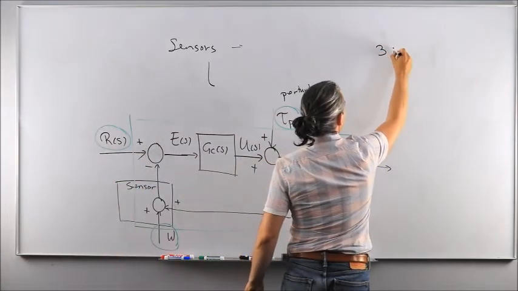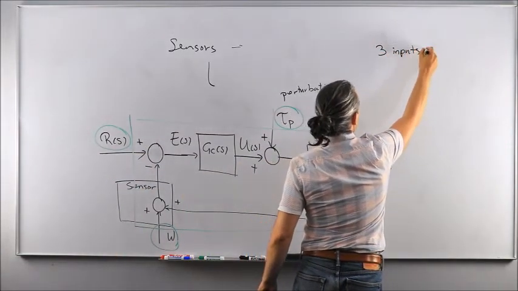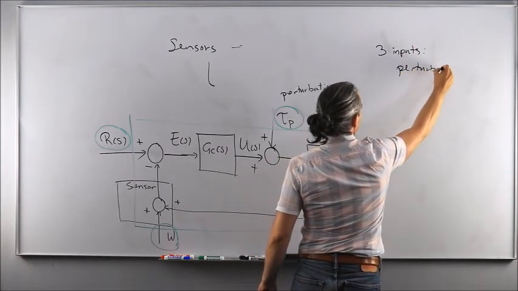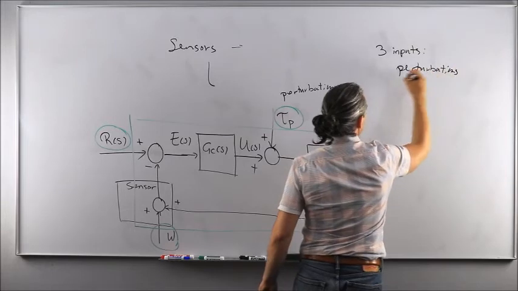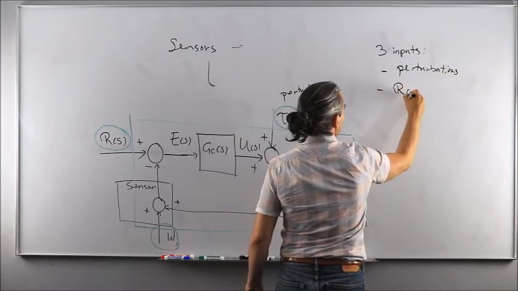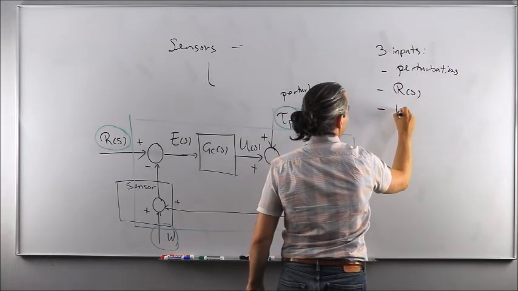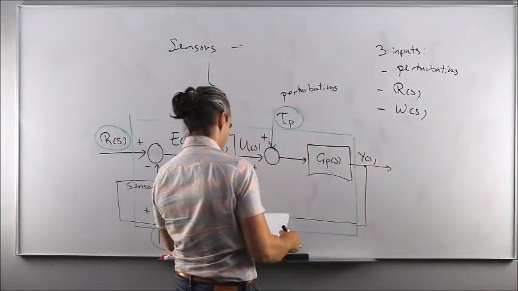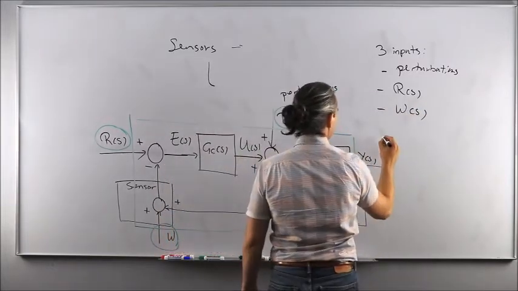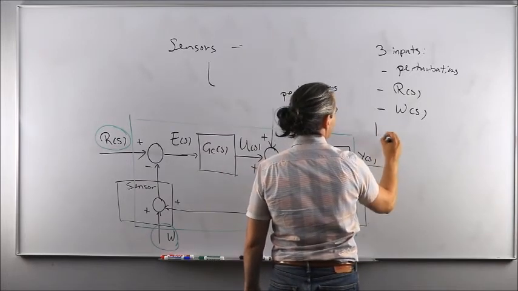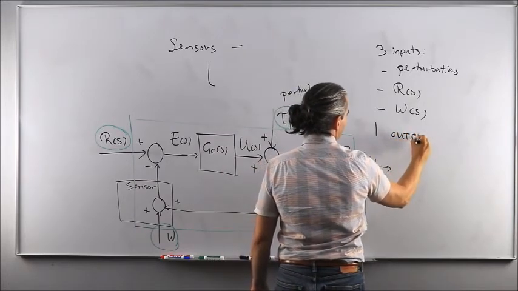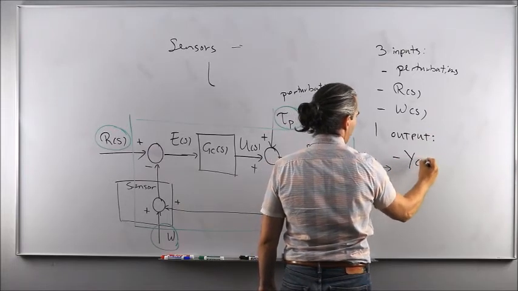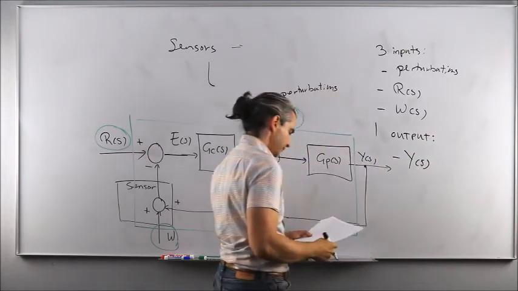So 3 inputs: perturbations, reference signal, and sensor noise. And we have only one output, which is going to be our Y of S, as usual.